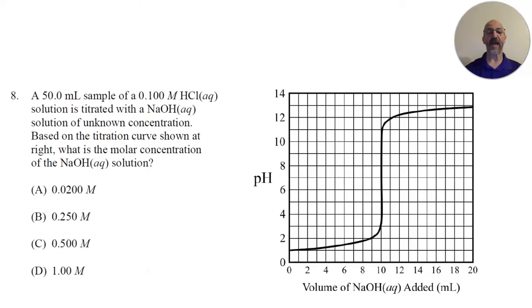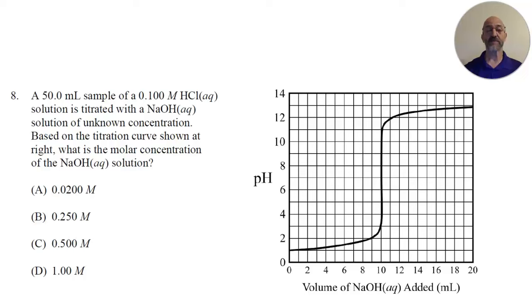Now let's take a look at question 8, which is a multiple choice question. Now, there are some similarities and differences between question 7 and question 8. In question 7 and question 8, we're involving an acid-base titration experiment, so that's similar. We have a titration curve, so that's similar. But the difference between question 7 and question 8 is the following.